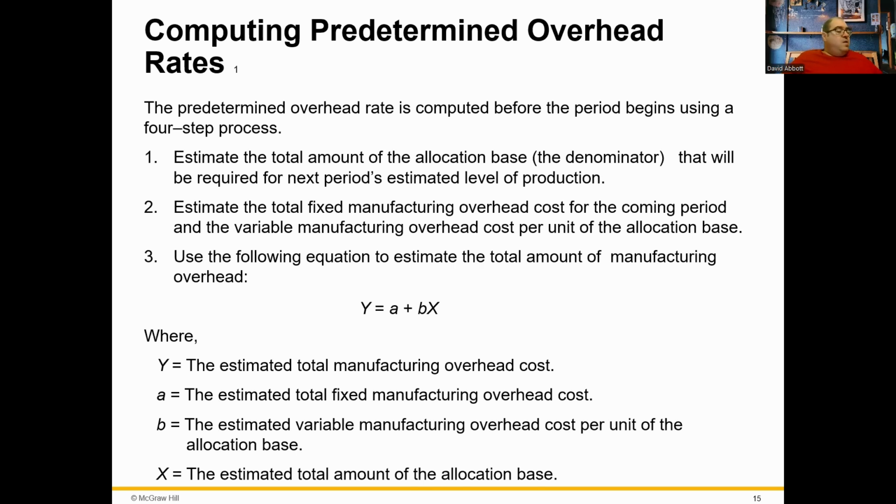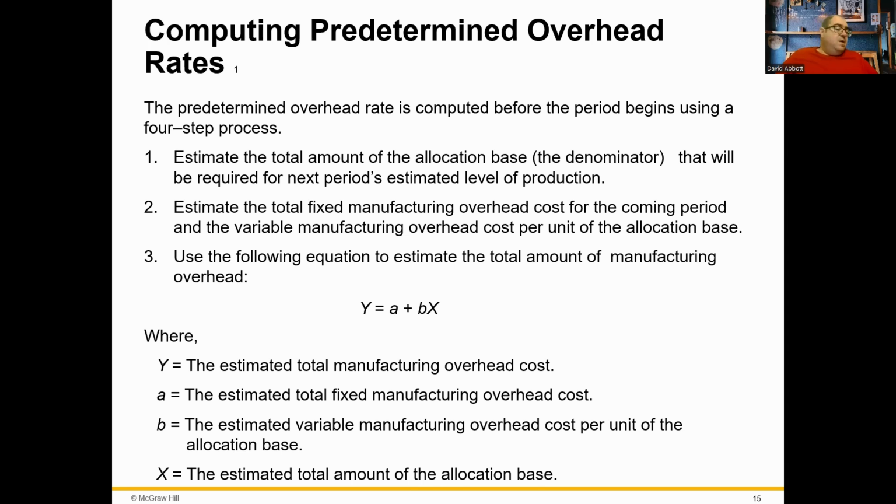Okay. So predetermined overhead rates are calculated using a four-step process. The first step is to estimate the total amount of the allocation base that is required for the next period's estimated level of production. So again, figuring out the number of hours, the number of dollars, whatever it is.